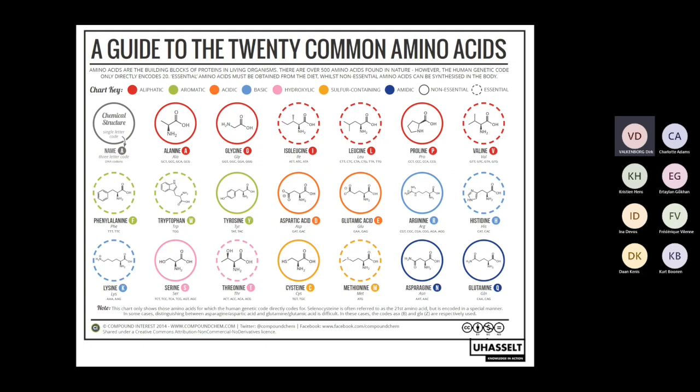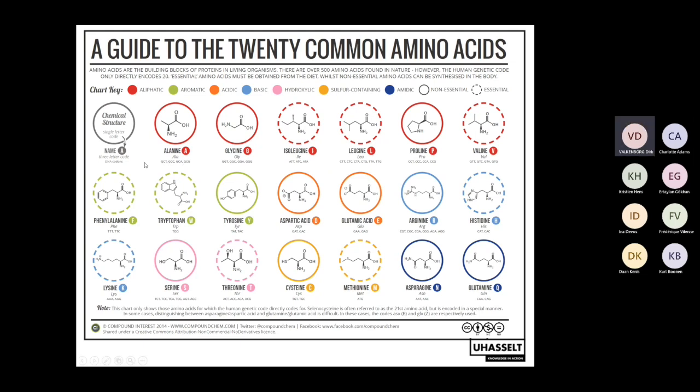Of course, they have a long name. Here you see the one letter abbreviation, and you also see the 3-letter abbreviation on this slide. And below the 3-letter abbreviation, you can see the nucleotide codon that encrypts the amino acid in the mRNA molecule.